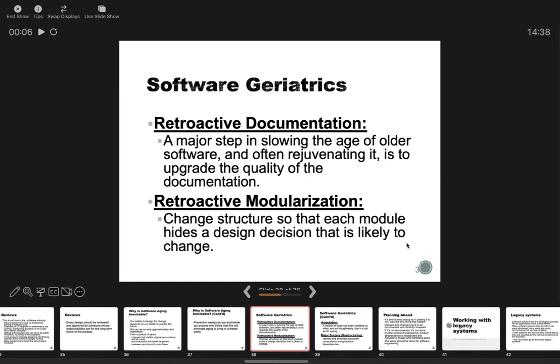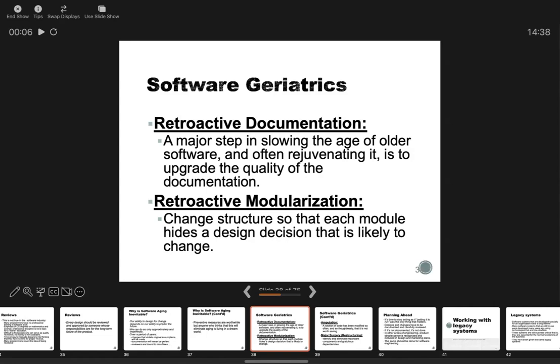So, software geriatrics. Like human health, software geriatrics is well used. In software geriatrics, there are two major steps: retroactive documentation and retroactive modularization. Retroactive means we think from the past.